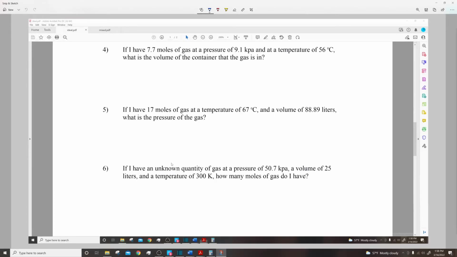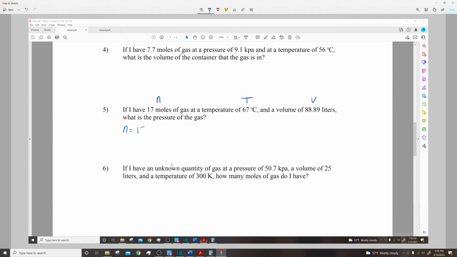Number 5 gives us our N. So this is our N value. This is our temperature value. This is our volume. And we're solving for pressure. Here we're not given a pressure unit. When you're not given a pressure unit, always use ATM. So let's go ahead and solve this one.